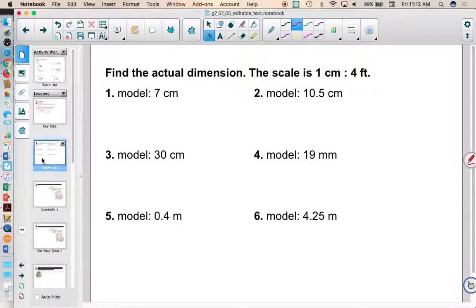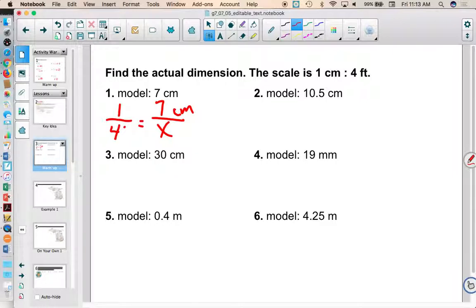Find the actual dimensions of the scale. If the scale is 1 centimeter equals 4 feet, I need to know how much is 7 centimeters. 7 centimeters is going to be how many feet? Well, that's really my x, isn't it?